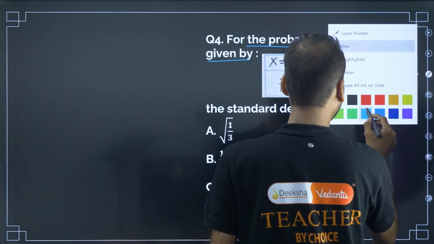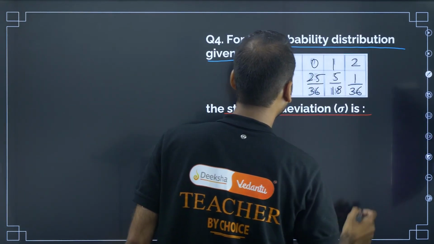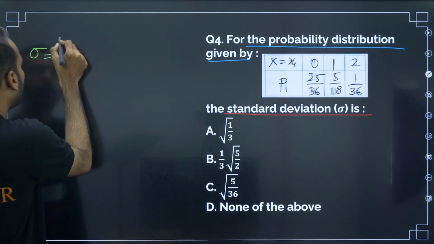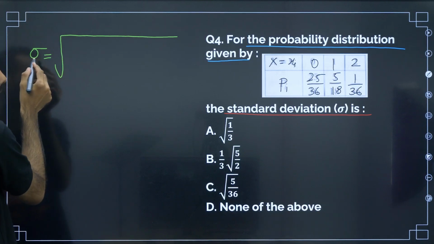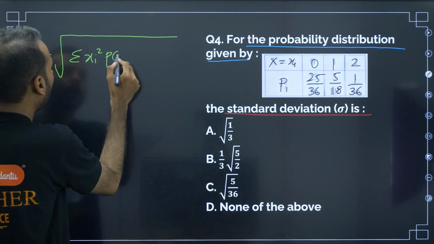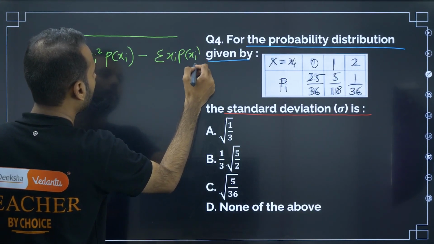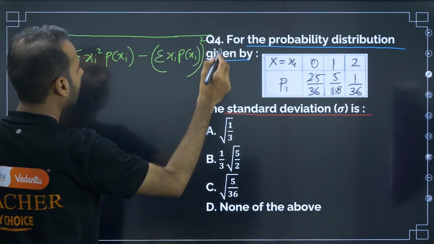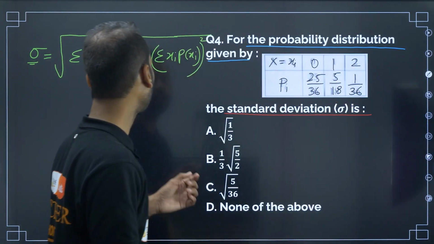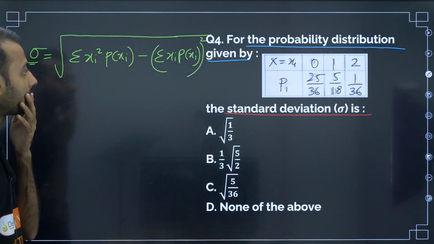Now one synopsis point, or in fact you can say formula: sigma is equal to under root of summation xi square p of xi minus, summation xi p of xi, whole square. Standard deviation is this. So the formula to find standard deviation is given by this.